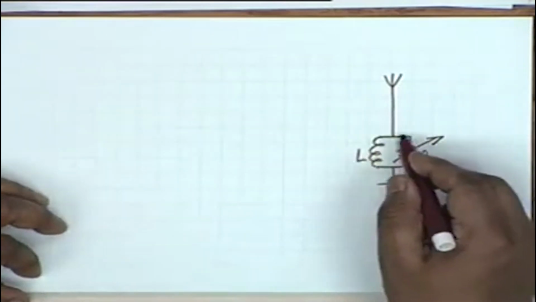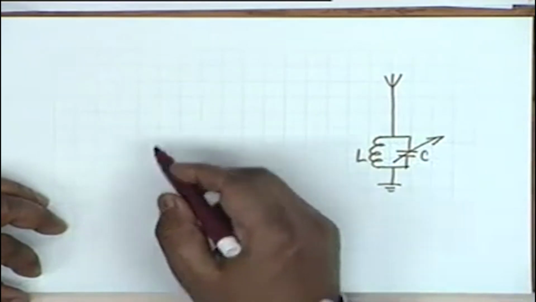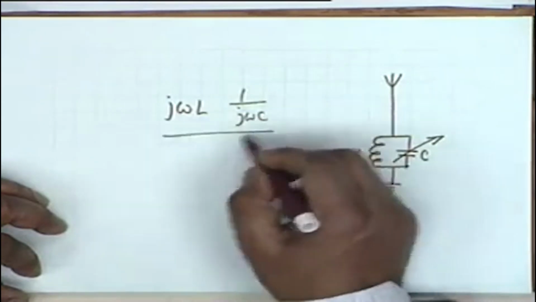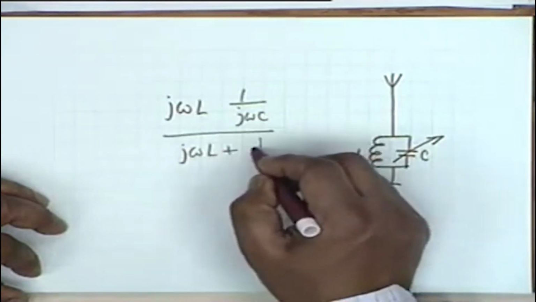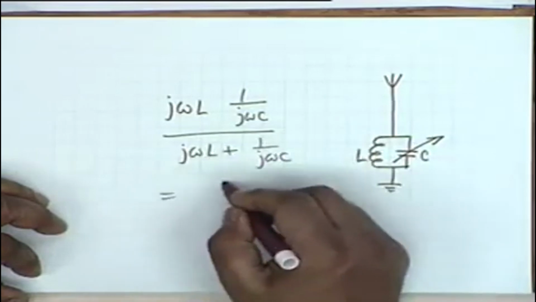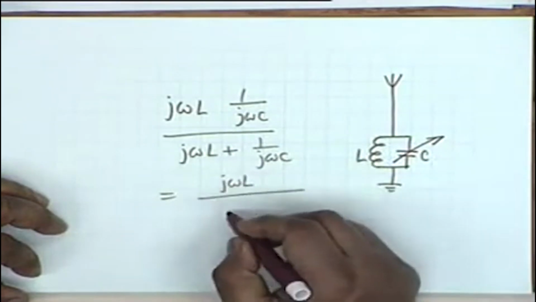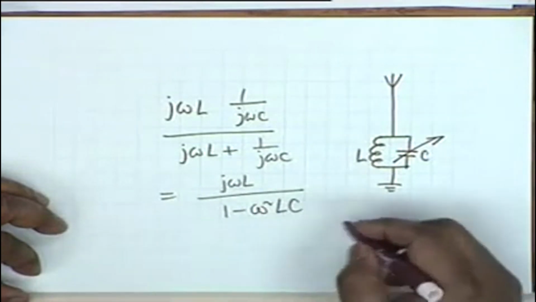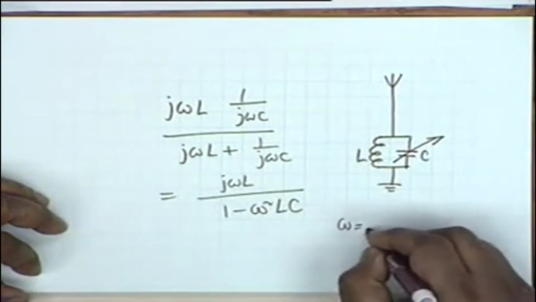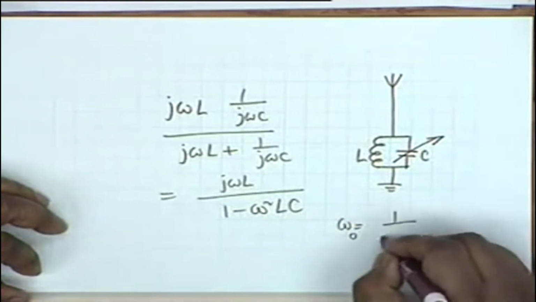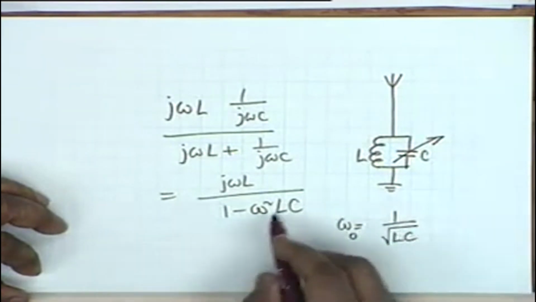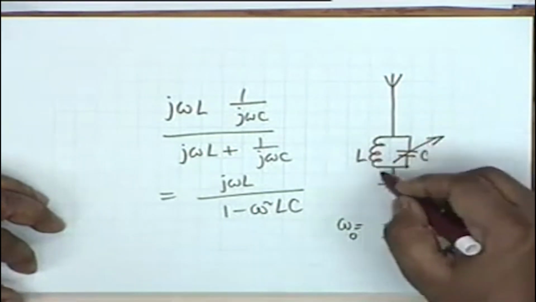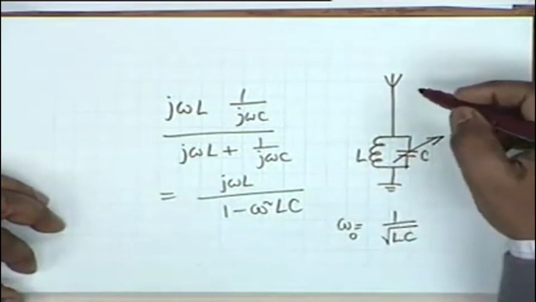Now you see that the impedance of this circuit is j omega L multiplied by 1 by j omega C divided by j omega L plus 1 over j omega C, which is equal to j omega L divided by 1 minus omega squared LC. And you see that at the frequency omega 0 equal to 1 over square root LC, the impedance becomes infinite. Now, impedance becomes infinite means what?